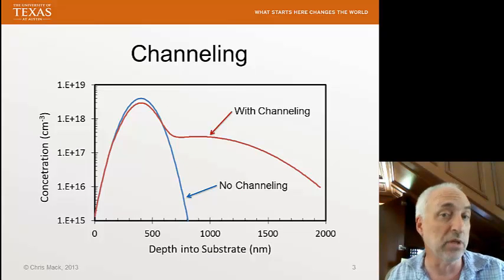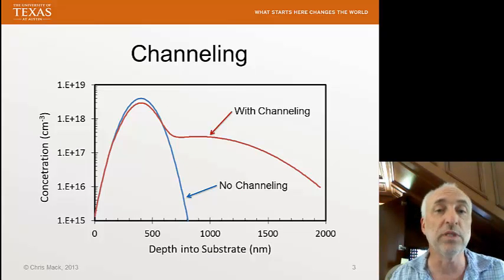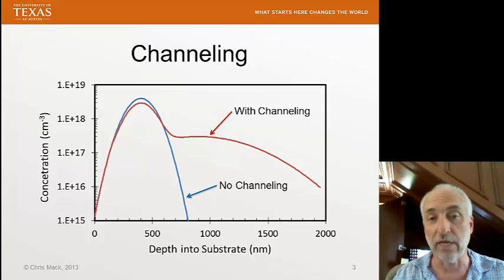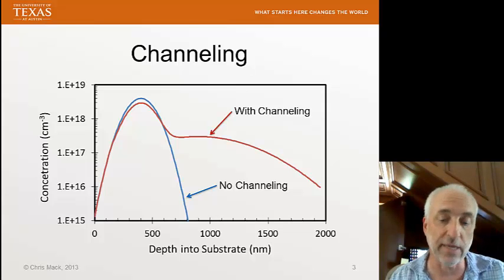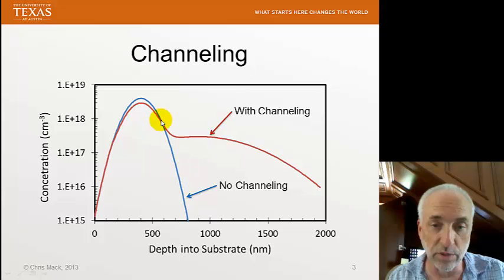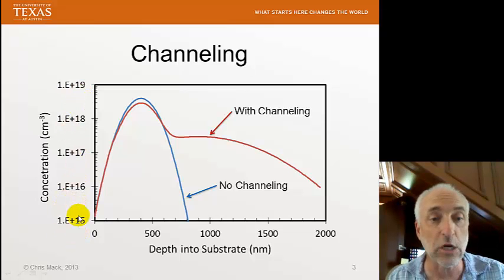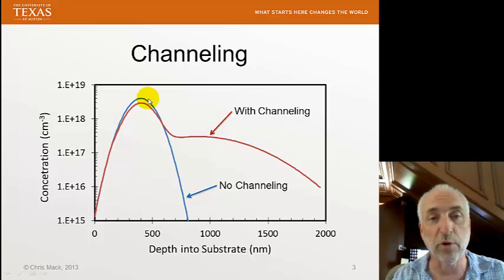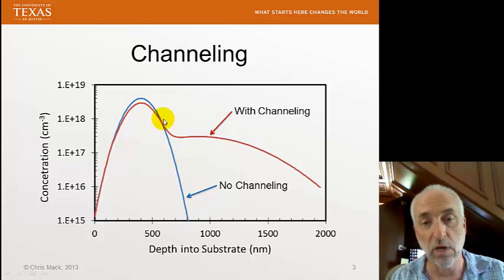Here's an example of the kind of dopant distribution that we see with channeling versus no channeling. So without channeling, here in the blue we have a distribution that looks like a Gaussian. Now remember, if I plot a Gaussian on a logarithmic scale, as I've done here, we get a parabola. So we see a parabolic shape, meaning it's a Gaussian.